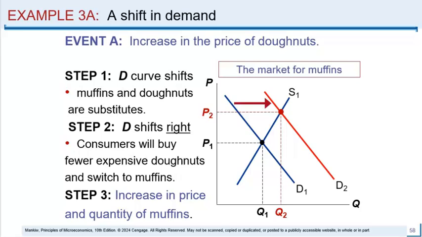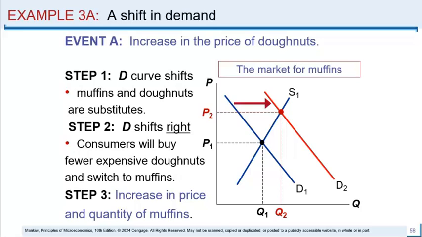Let's now consider a shift in demand, which is caused by an increase in the price of donuts. Let's consider that muffins and donuts are substitutes. Increase in the price of donuts would mean in the market of donuts, quantity demanded of donuts will fall.